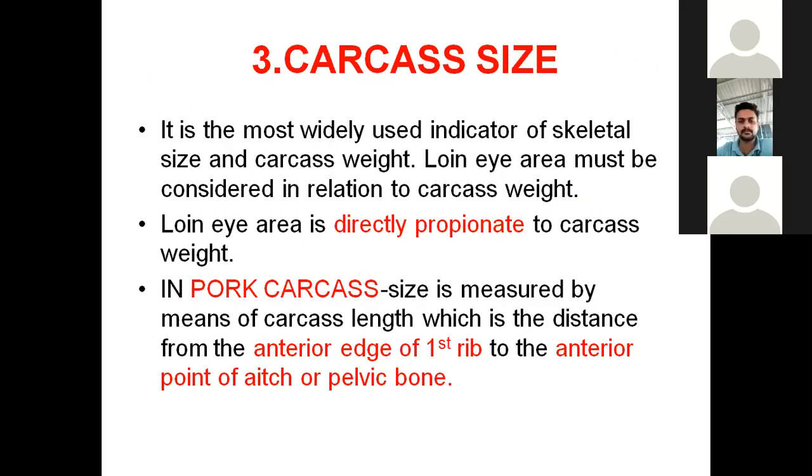Then the carcass size: the loin eye area is directly proportional to the carcass weight. Already I told you, if the loin eye area is small, the cuttability or the quantity of meat you get will be more.